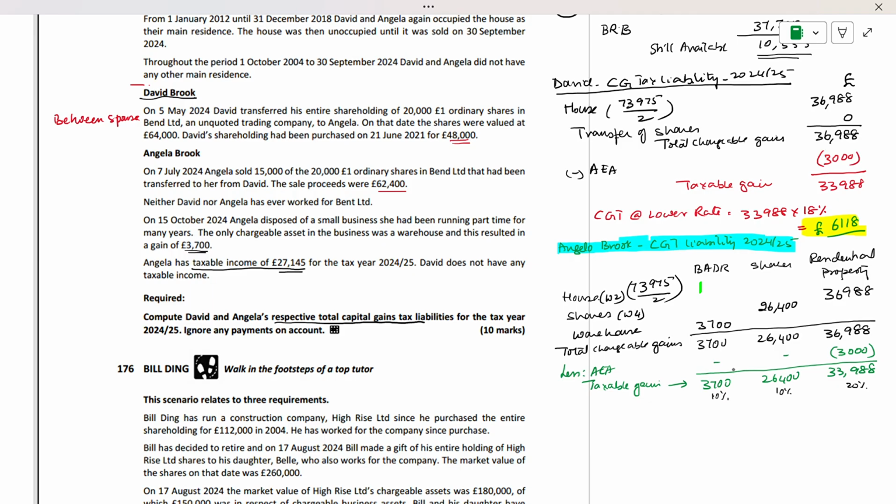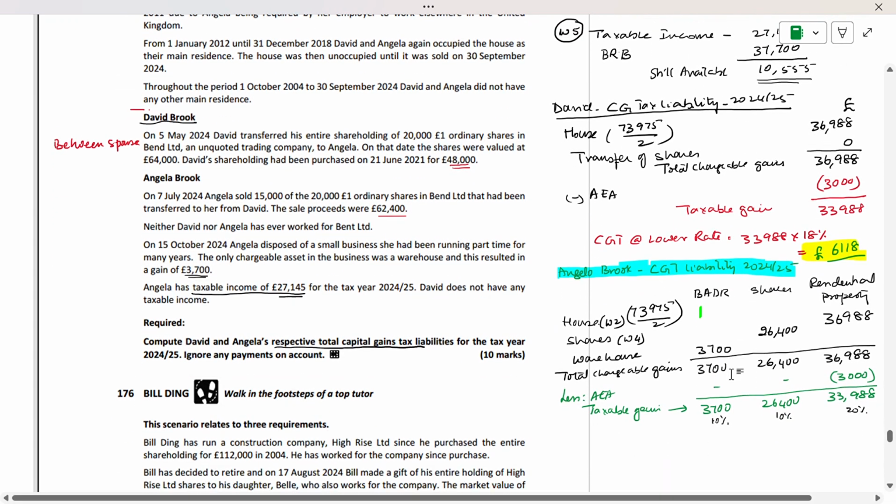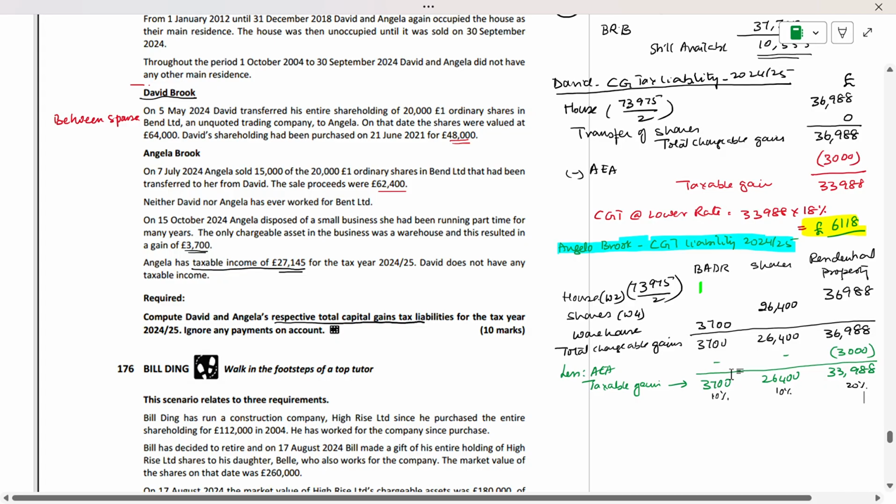How much is unused? Where we have written 10,555. Can we use that? Yes, sir, we can. How?